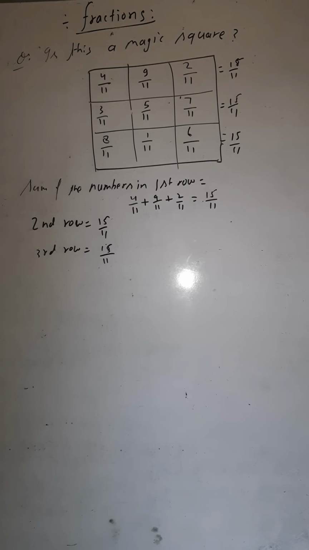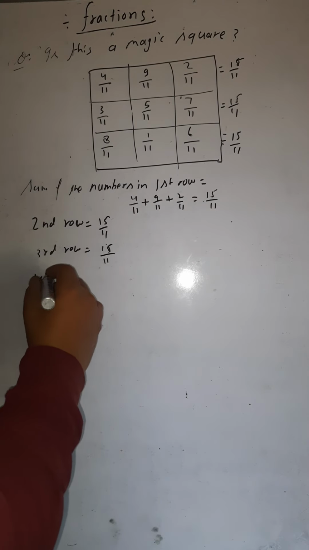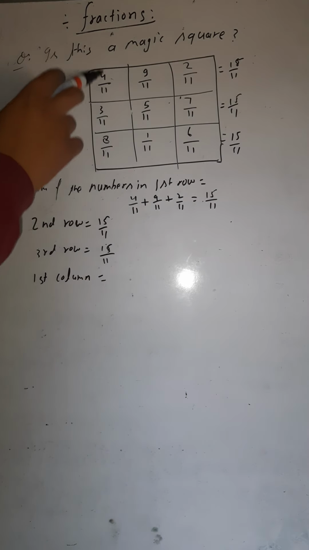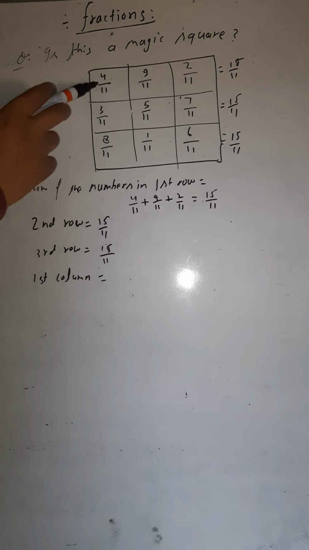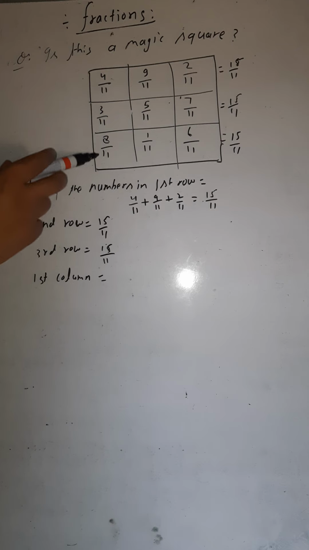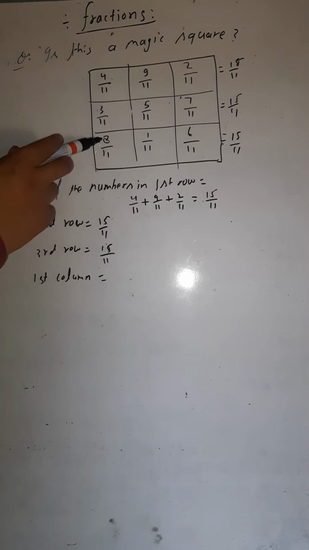Now we add the numbers along the columns. The first column is 4 by 11 plus 3 by 11 plus 8 by 11. Denominators are the same, so add all the numerators. 4 plus 3 is 7, 7 plus 8 is 15 by 11.